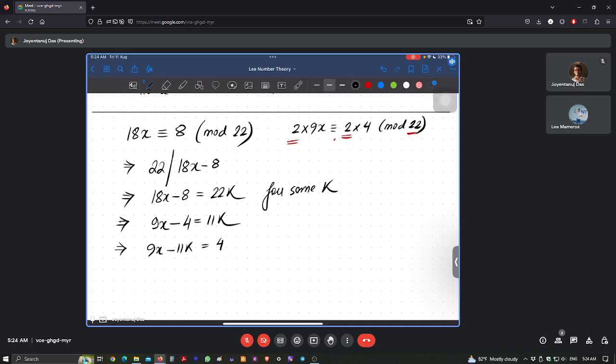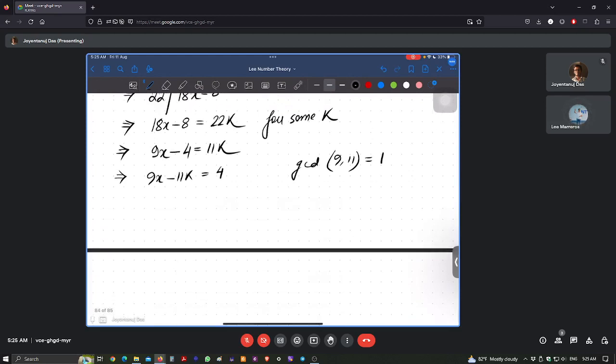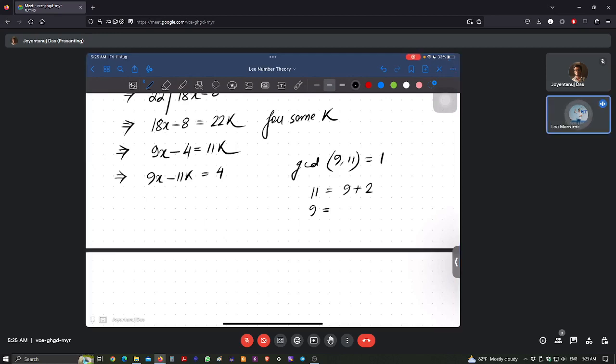But we have an idea. The GCD of 9 and 11 is 1.